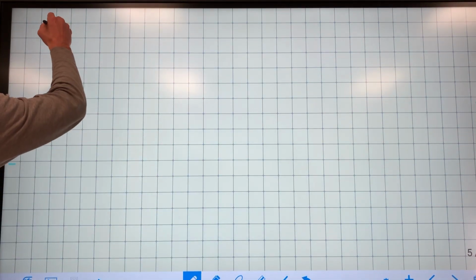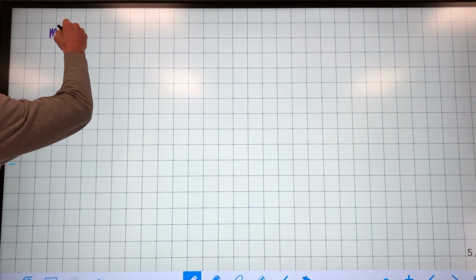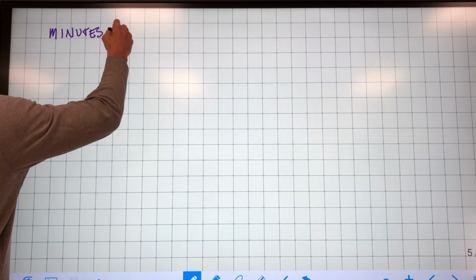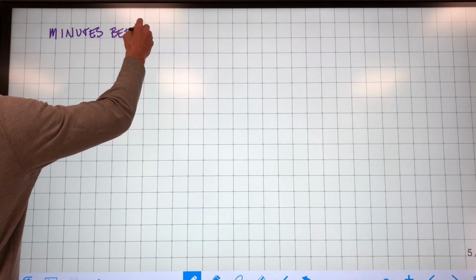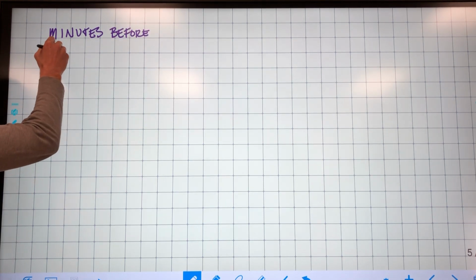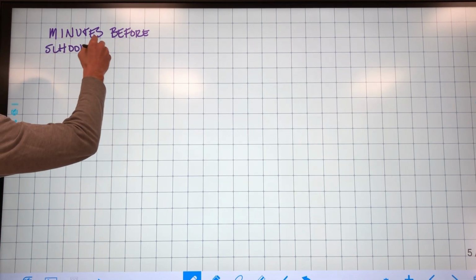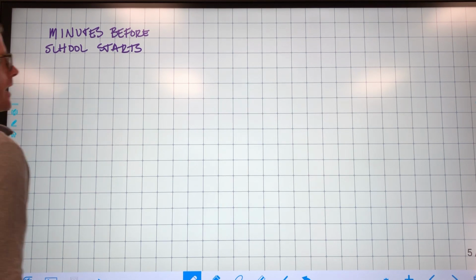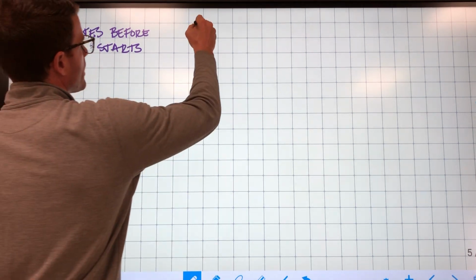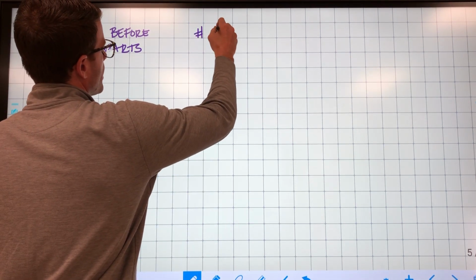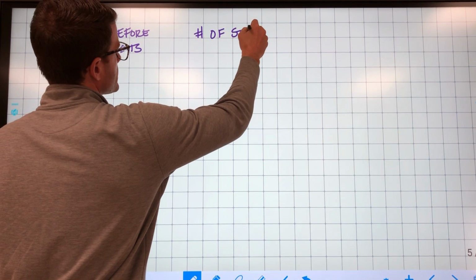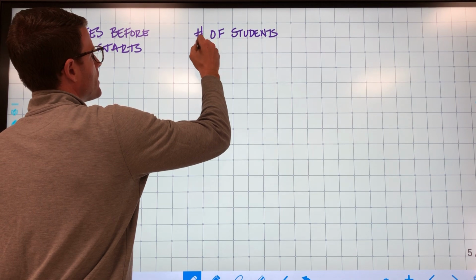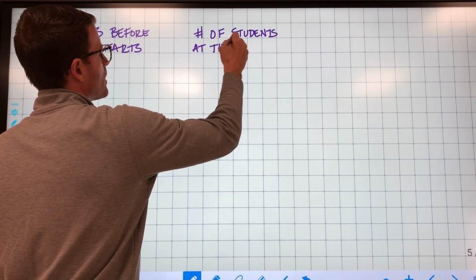So we have our input, which is going to be minutes before school starts. All right, and our output is going to be the number of students at the door.